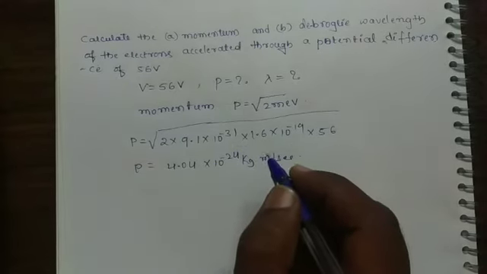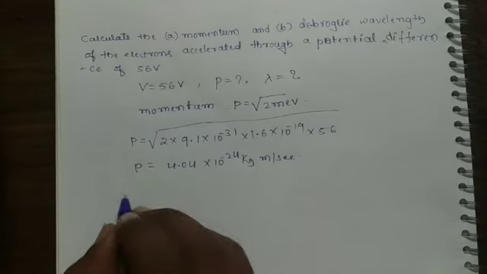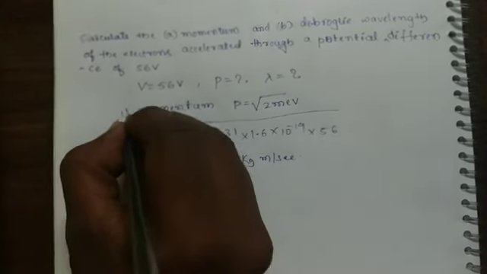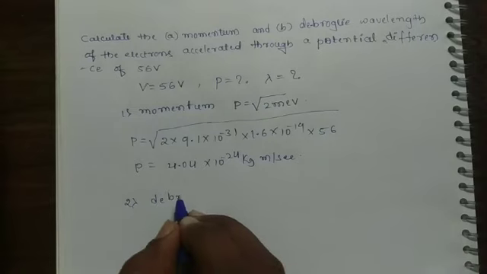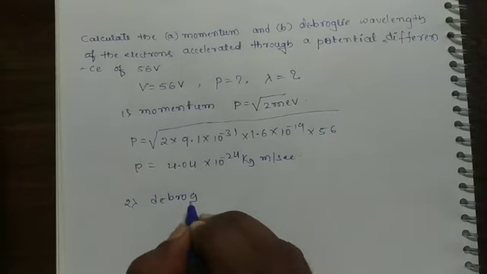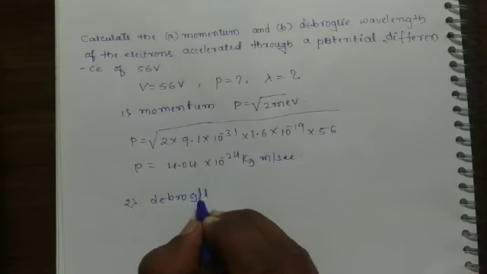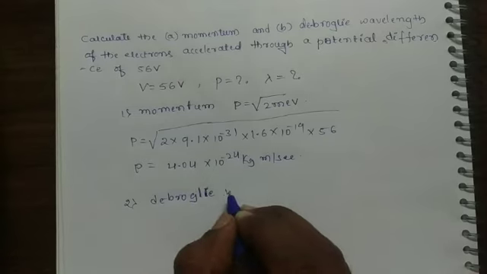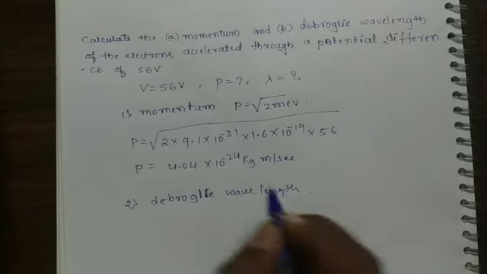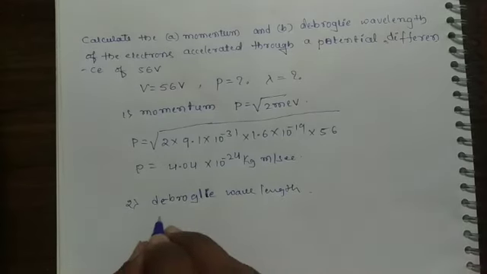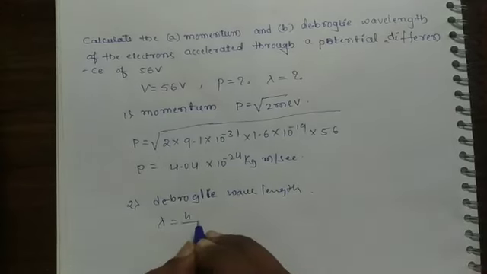Next we want to calculate the de Broglie wavelength. The first one was momentum, and the second one is the de Broglie wavelength. Lambda is equal to h divided by p.